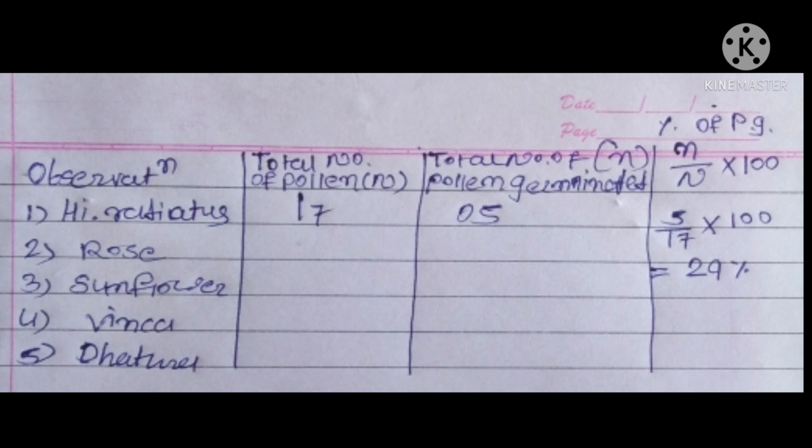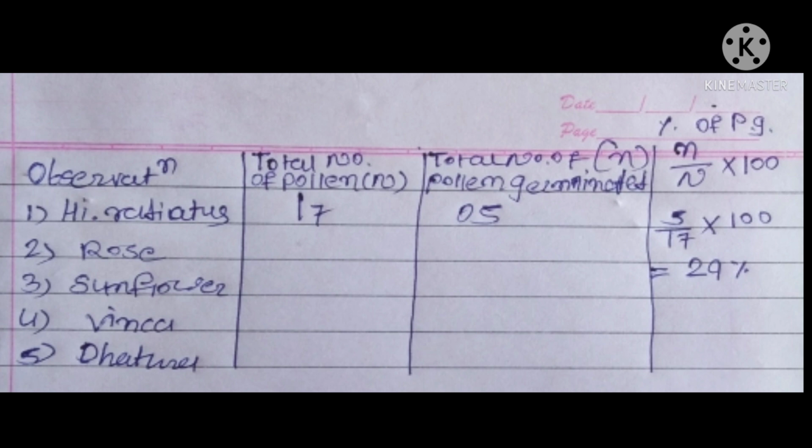First, you can see the observation. In that, you can see total 5 numbers. So here you have to take total 5 experimental flowers. Here we take Hibiscus radiatus flower, which is also known as China rose. Second, you can take rose.